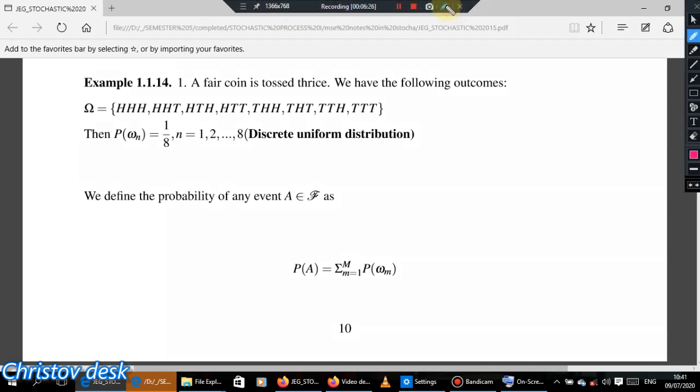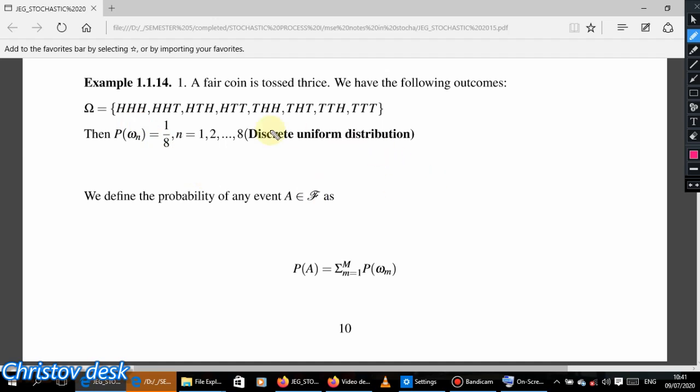Now we want to define the probability of an event. We don't just want to look at the probability of the outcomes. We want to look at the probability of an event happening.